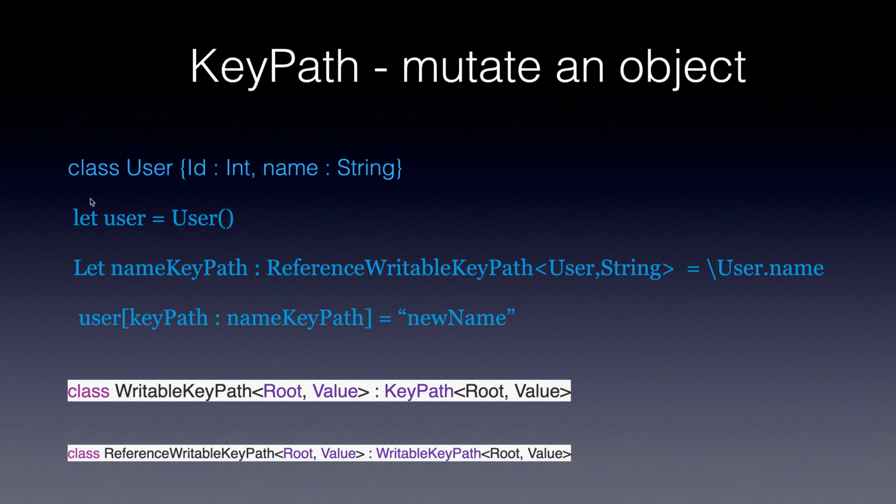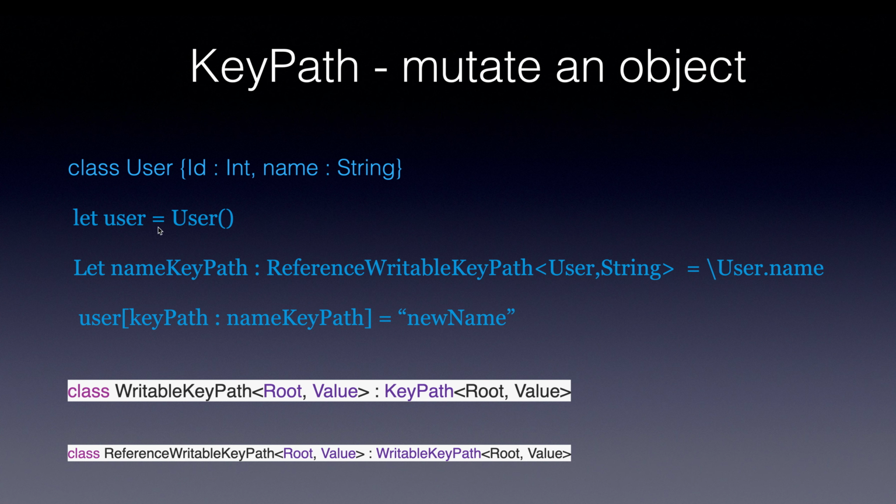In Swift, structures are value types. When you create an instance of the structure User with the let keyword, it is immutable. So when you try to mutate the immutable object, even though the key path is a WritableKeyPath, it gives a compile time error.